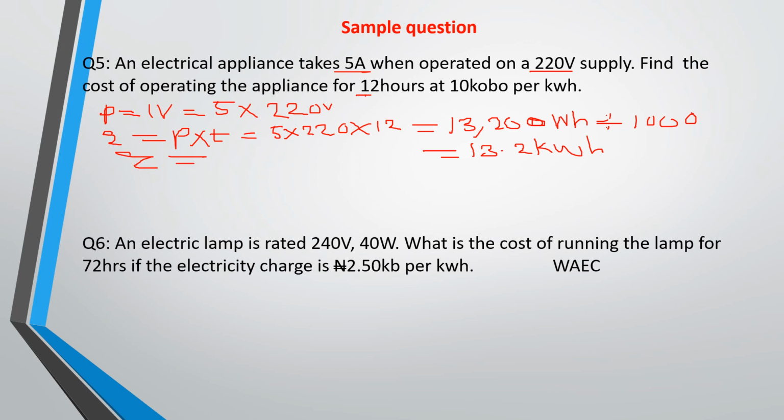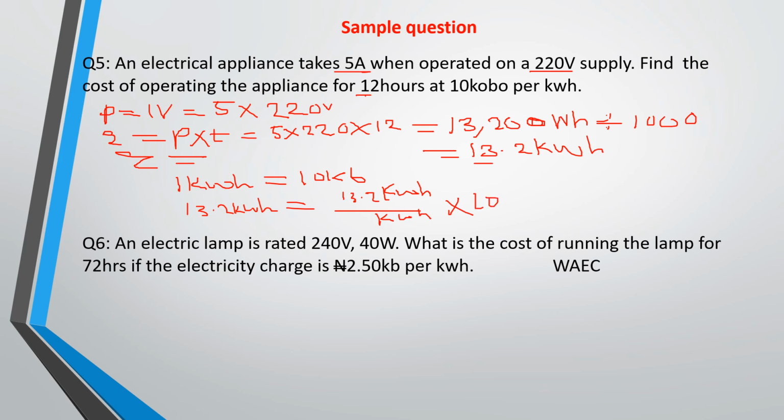Now if 1 kilowatt hour is equal to 10 kobo, 13.2 kilowatt hour will be equal to 13.2 kilowatt hour all over kilowatt hour multiplied by 10 kobo.